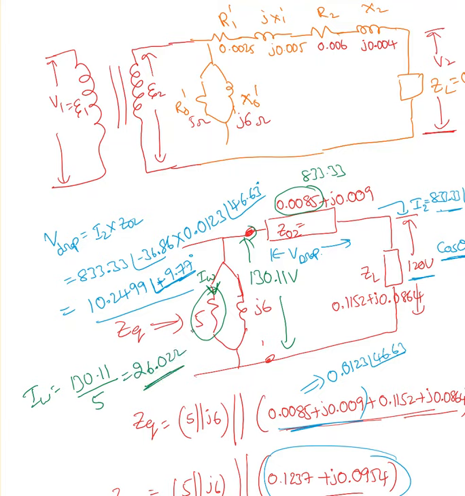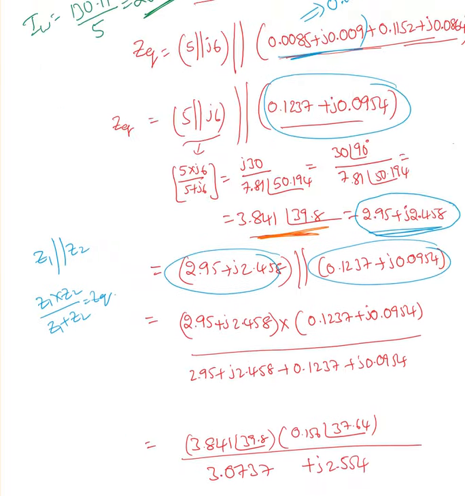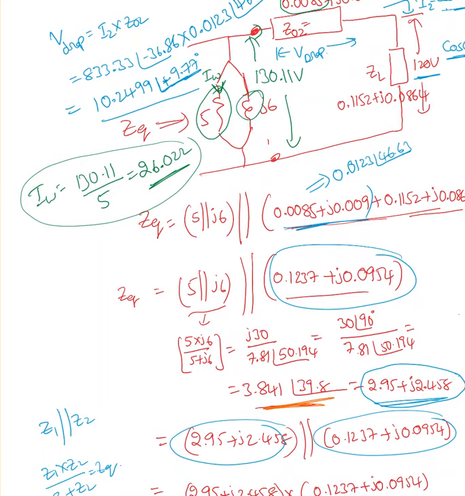The current passing through the core is 26.022 amperes. This comes under iron loss because that's the core loss. I don't know the hysteresis losses; these are probably representing the eddy current losses.